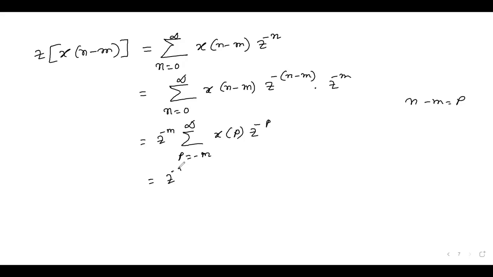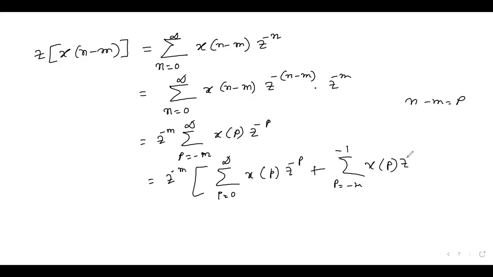We can write this as p equal to 0 to infinity x of p z to the power minus p, and there will be another sum, because it is plus, so it will be minus m to what? Minus m to minus 1, okay? Minus m to minus 1, x of p z to the power minus p.